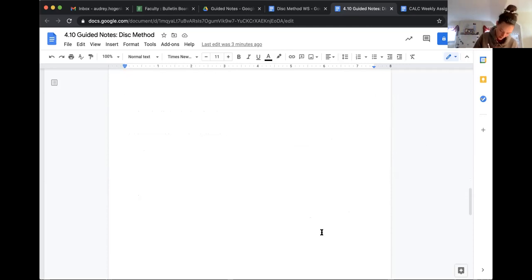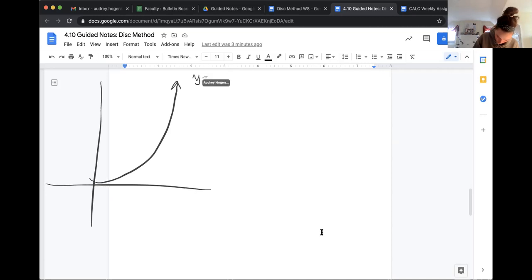So we have our axes. We have y equals x squared. And now we're going from y is equal to 1 to 4. Okay. And we want to rotate this around the y-axis. So I'm going to draw my little swirly thing down there because we're going around the y-axis.